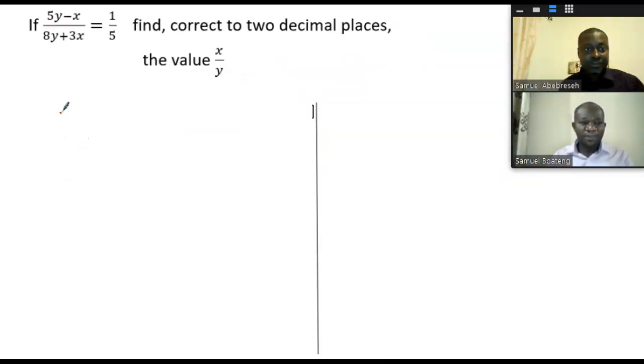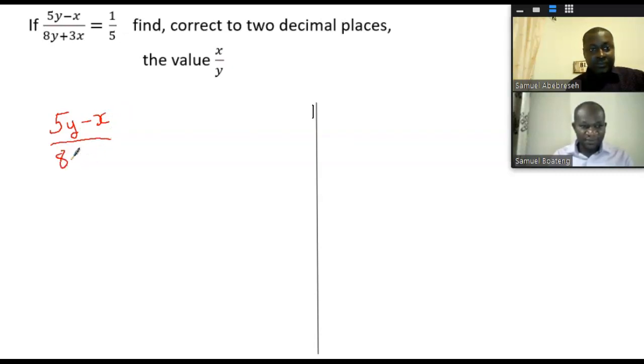We have, it's similar to the previous one, but let's see what we have. (5y minus x) over (8y plus 3x) equal to 1 on 5.